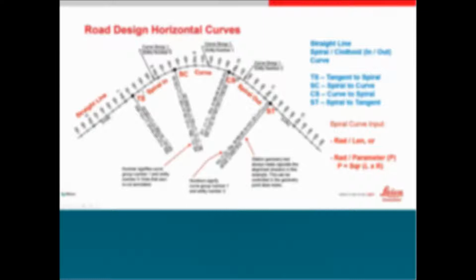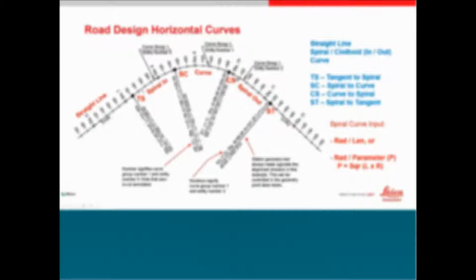That is called the spiral in. And after the simple circular curve connecting from the spiral in, you will have the spiral out. That will be another spiral curve, connecting from the curve into another section of the road, which can be straight or another curve.